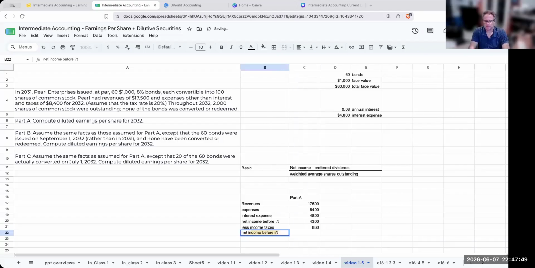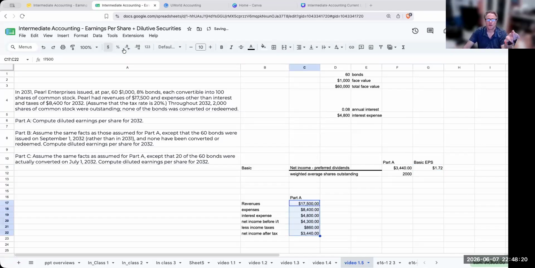So my net income after tax is going to be 3,440. My weighted average shares outstanding was 2,000. So under Part A, my basic EPS is going to be $1.72.